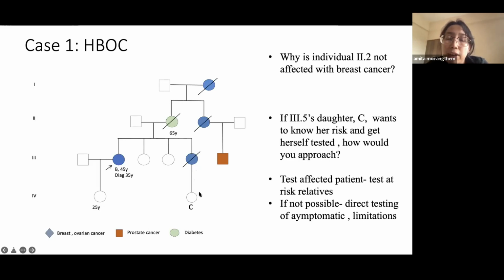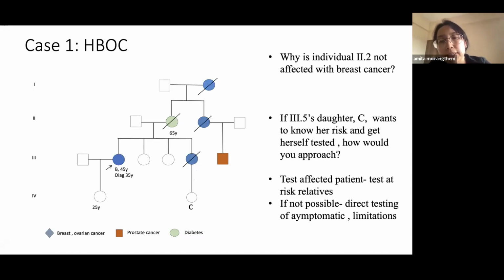Suppose we get a report which gives a mutation in a gene already very well characterized, very well known, then we can be quite sure that that is the cause. But there's always some room for misinterpretation and error.